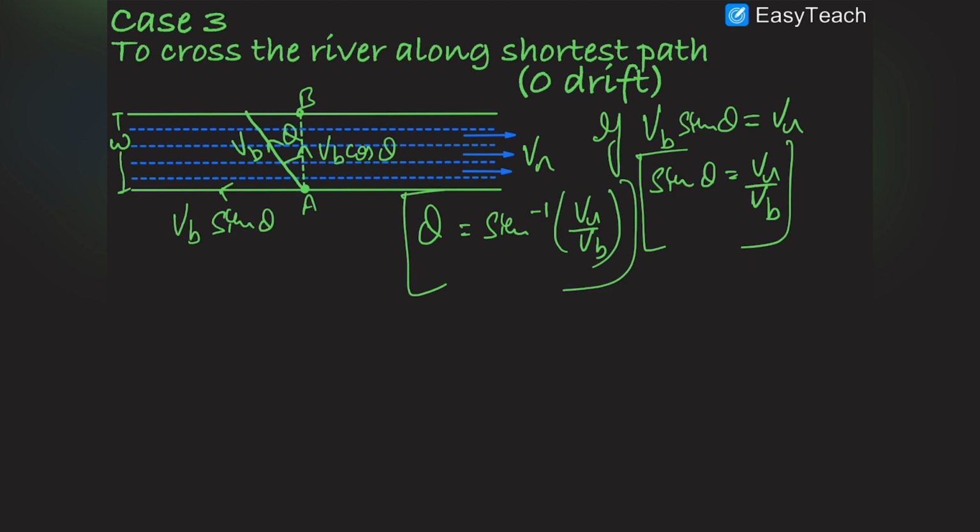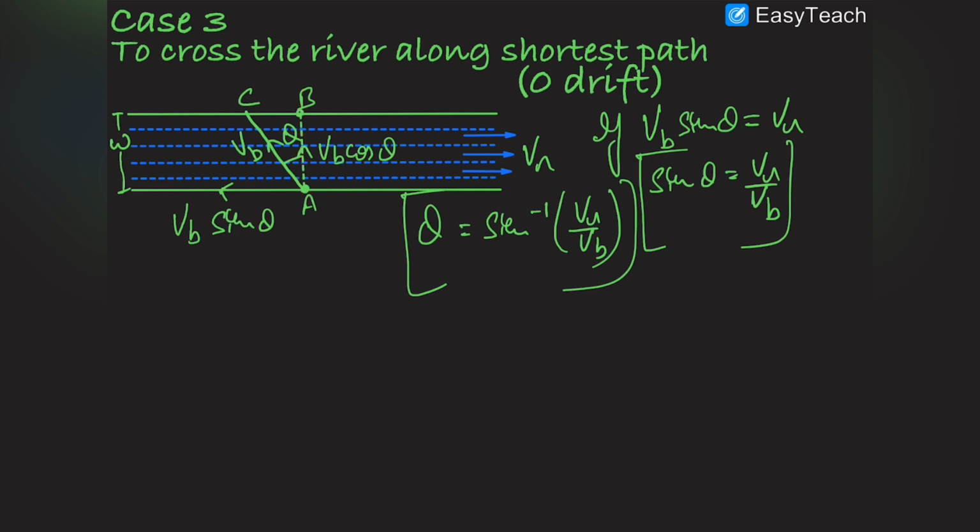Now let us write down that this point is C. So this C point is not the point where he would reach. In fact, he is trying to move in the direction of AC, but eventually due to the effect of river current he would be moving in the direction of AB, and the real path of this boat would be AB with respect to ground.